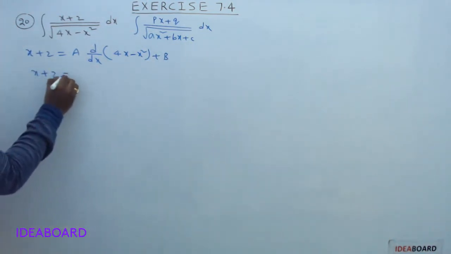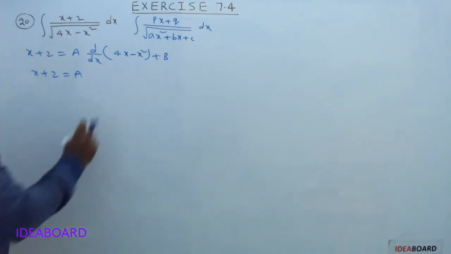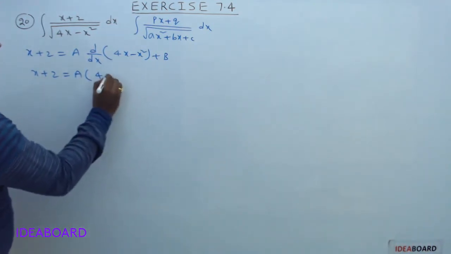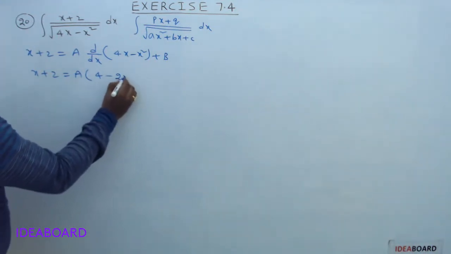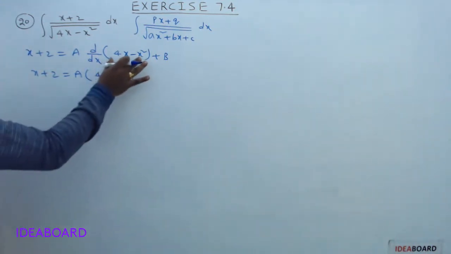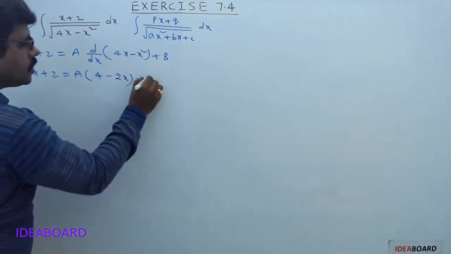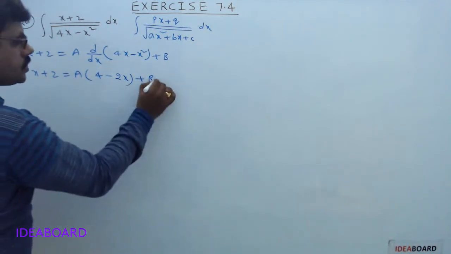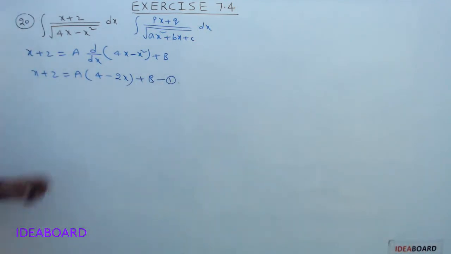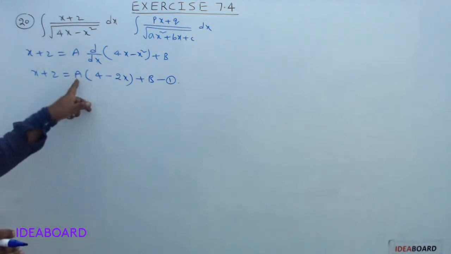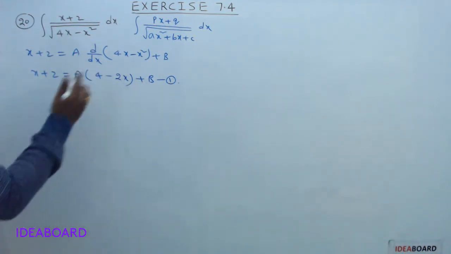Now this is x plus 2 equal to a into derivative of 4x is 4 minus derivative of x square is 2x. So derivative of 4x minus x square is 4 minus 2x, plus constant b. Now call it equation 1. Now here a and b are the unknown values. By comparing the coefficients of x and constant terms, you will get the values of a and b.